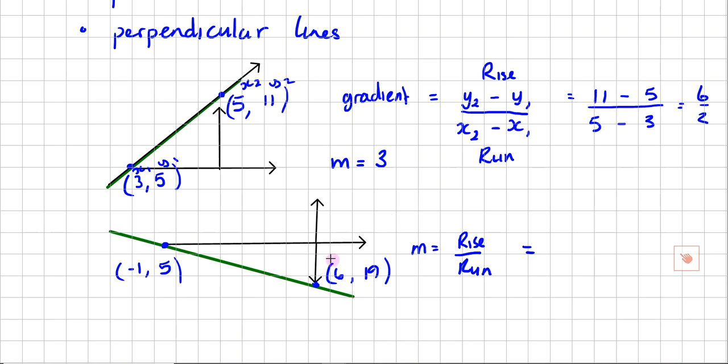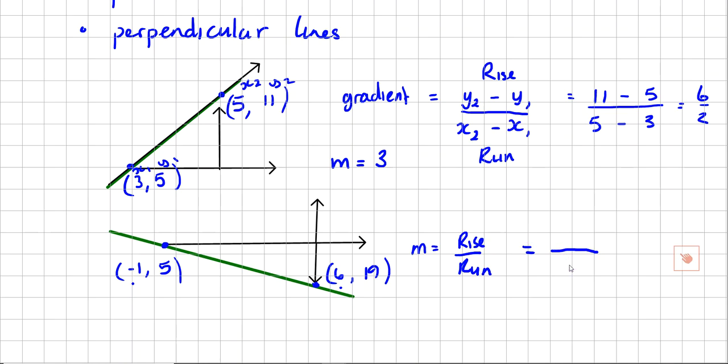So that means I'm going to do it the other way around. My run is now how far? From -1 to 6, so that's a run of 7, isn't it?